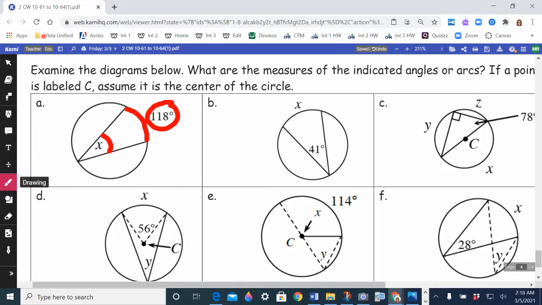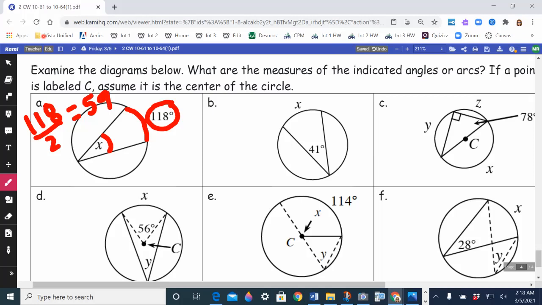This angle X is going to be half of that. So 118 divided by 2 is 59, and that's what angle X is.